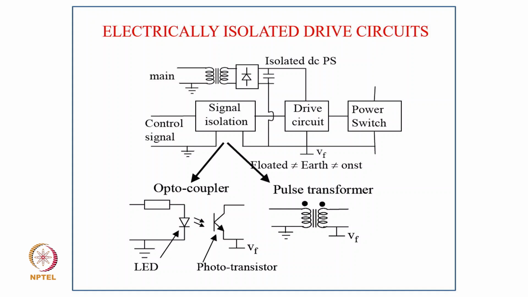The pulse transformer works satisfactorily if your pulse duration is quite short, on the order of 10 to 20 microseconds only for the turn on period, with the remainder being turn off. Normally pulse transformers are designed typically around 30 kilohertz to reduce the size of the transformer. Then the signal gets amplified by the driver circuit and applied to the power switch.